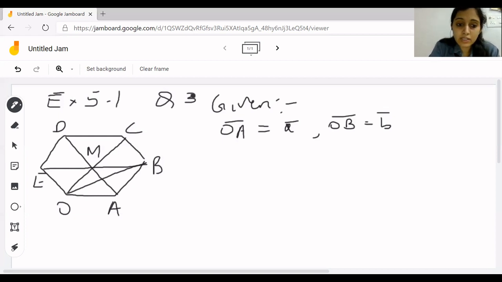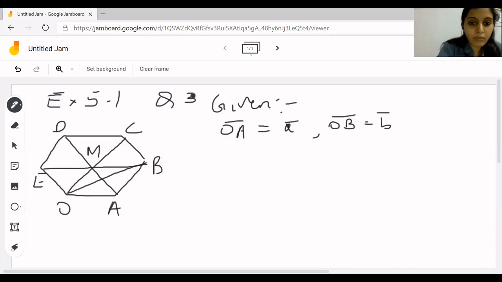This is a property of a regular hexagon. We are drawing the three diagonals of the hexagon AD, BE and OC meeting at point M, and they are bisecting each other. That is EM equal to MB, OM equal to MC and DM equal to MA.